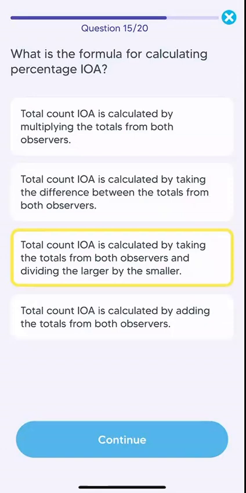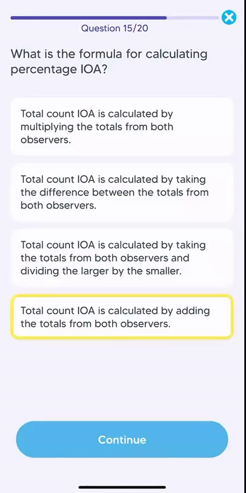Total count is calculated by taking the difference between both observers, that is subtraction. Total count is calculated by taking the totals from both observers and dividing the large number by the small. The total count is calculated by adding the totals.